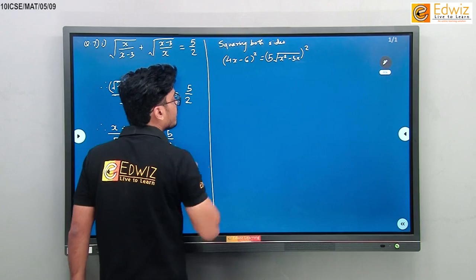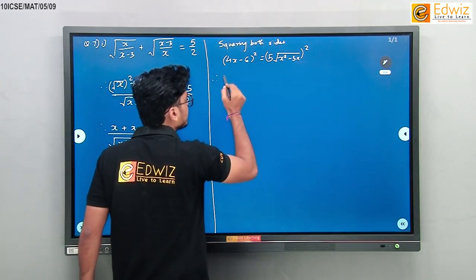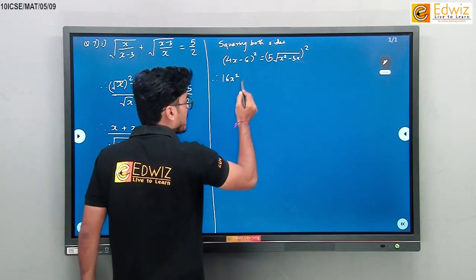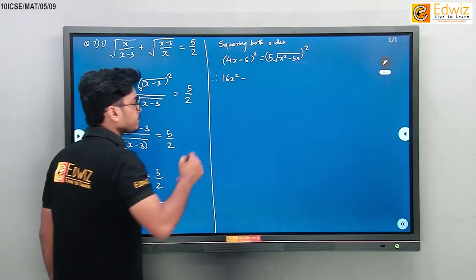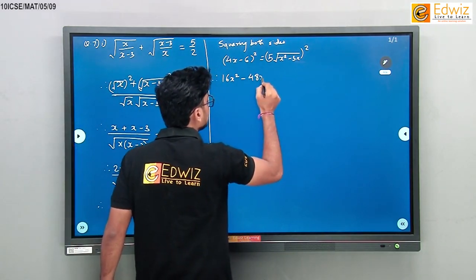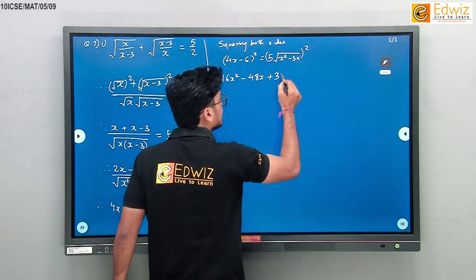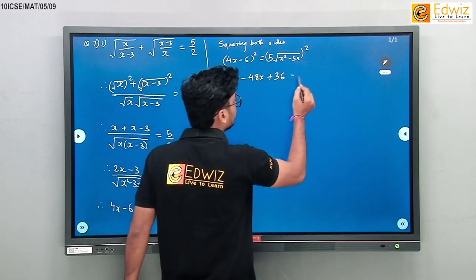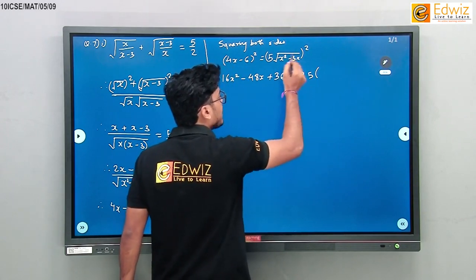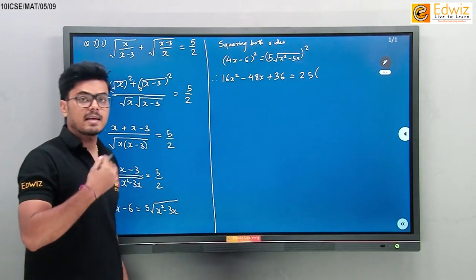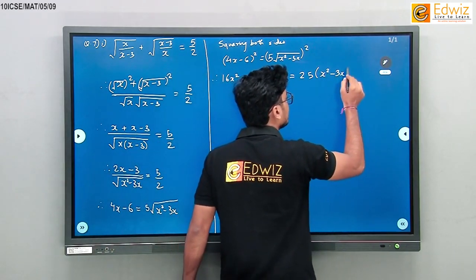Okay, now you know the formula of a minus b the whole square. What is the formula? A square, so 4x square, that is 16x square, minus 2ab, so 2 into 4x into 6, okay, that is 48x, okay, minus 48x plus b square, so 6 square, that is 36, equals to 5 square is 25, and in this bracket we have square root of x square minus 3x, again we are squaring it, so the square root will get eliminated, it will be just x square minus 3x.